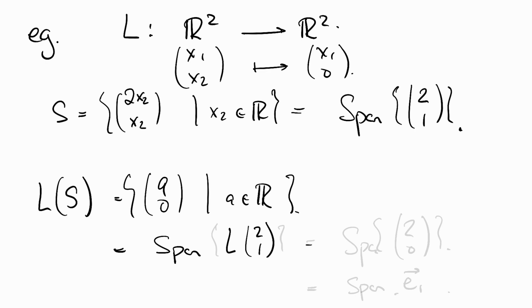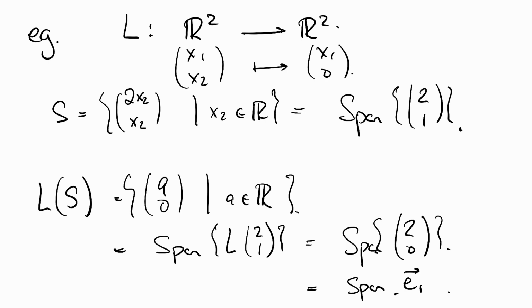And what's L(2, 1)? This is the span of (2, 0), which is just the span of E1.